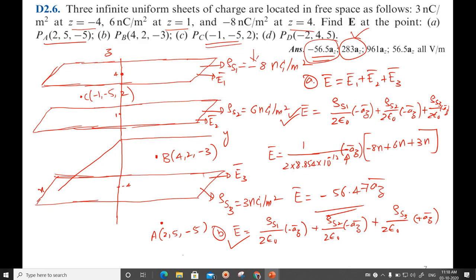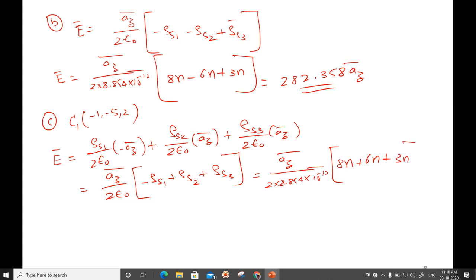Plus rho s3, it is 3 nano. So add and divide. 8 plus 6 plus 3 is 17 nano. So 17 exponential minus 9 divided by 2 into 8.854 exponential minus 12.